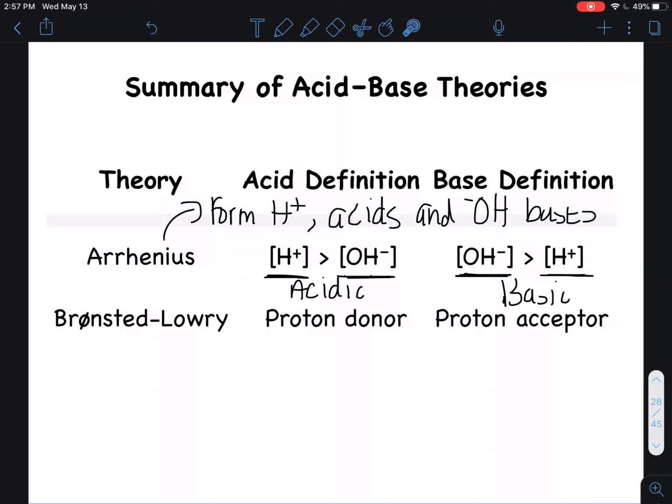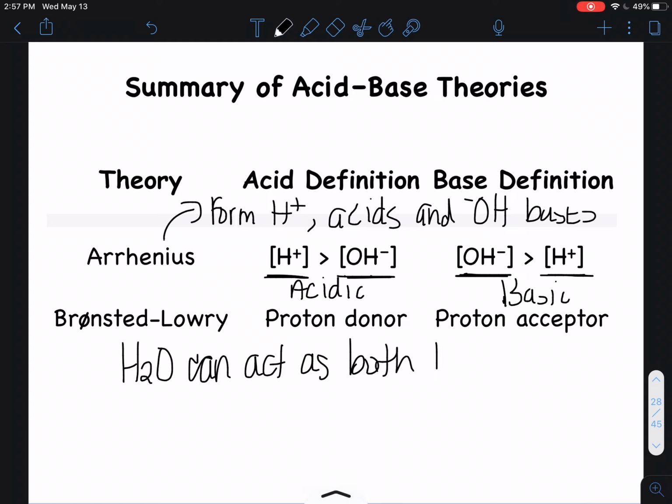Okay. Brønsted-Lowry acid-base theory. The acid is a proton donor. The base is the proton acceptor. We form conjugate acid-base pairs with Brønsted-Lowry acids and bases, and water can act as both an acid and a base.